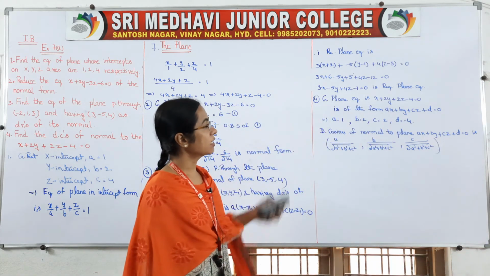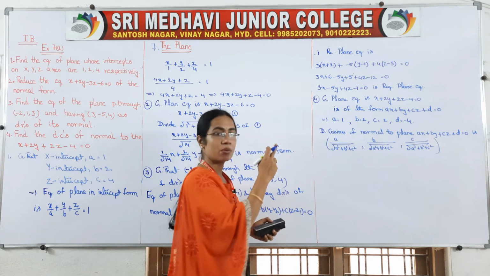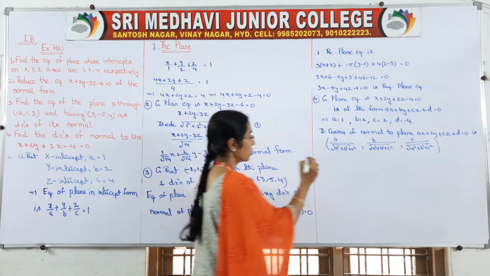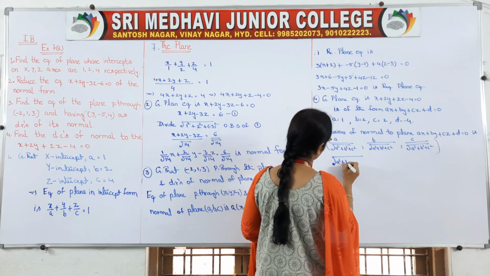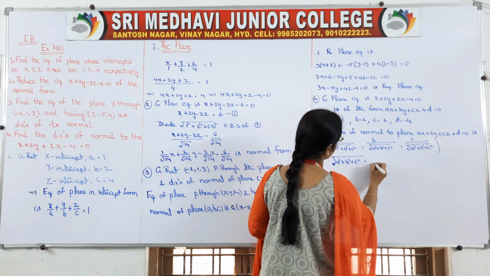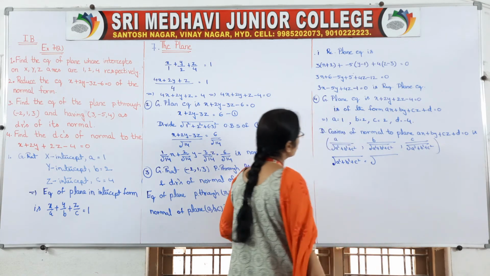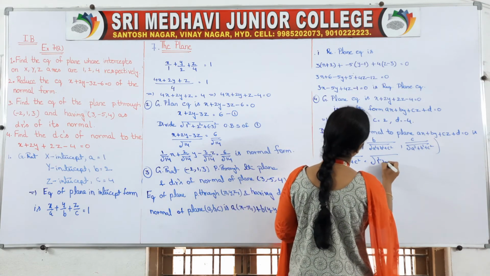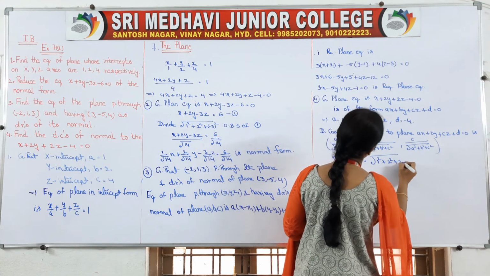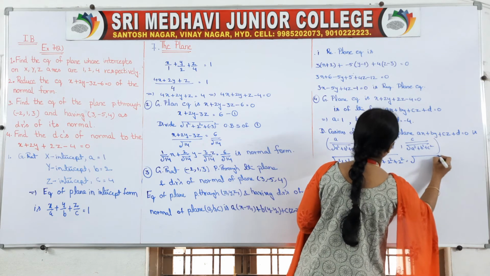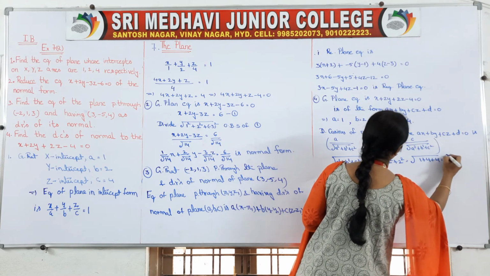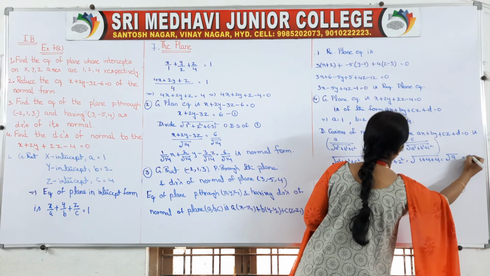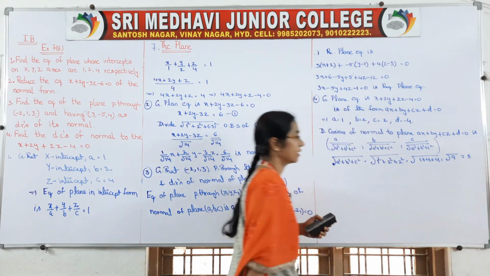We already know a, b, c, so we want only root of a square plus b square plus c square. So, root of 1 square plus 2 square plus 2 square is equal to root of 1 plus 4 plus 4, which is root 9, that is 3.